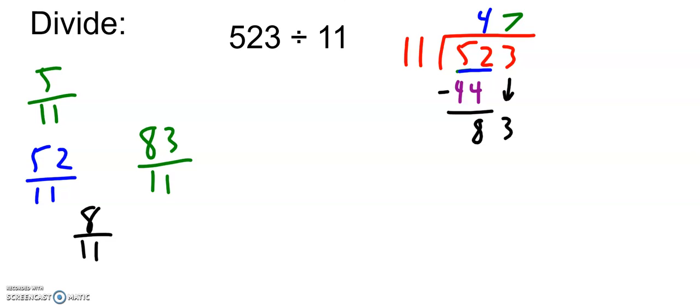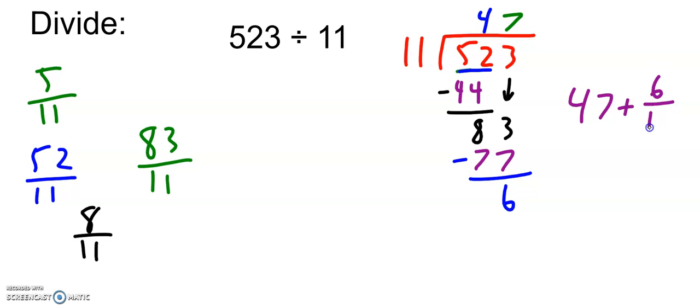So 7 times 11, we just said is 77, and now we are going to subtract again. So 83 minus 77 gives me 6. I would try to divide again if I could, but 6 doesn't divide into 11, so I'm done. So my answer is going to be 47 plus 6 over 11.